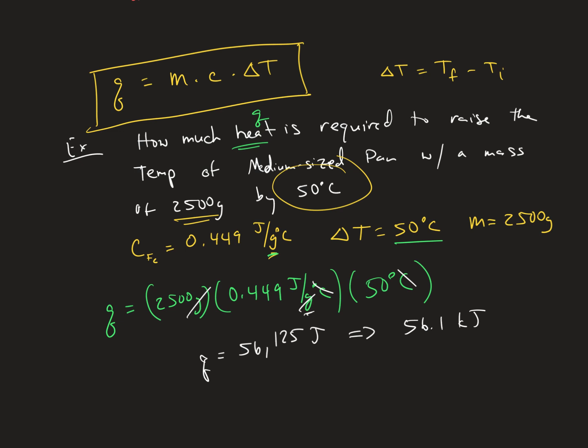Good? Yeah, Victor. What are the unit differences between big C and little c? It's joules per gram degree Celsius, or joules per degree Celsius. So heat capacity is just joules per degree Celsius. It doesn't depend on how much you have, just on what the object is.